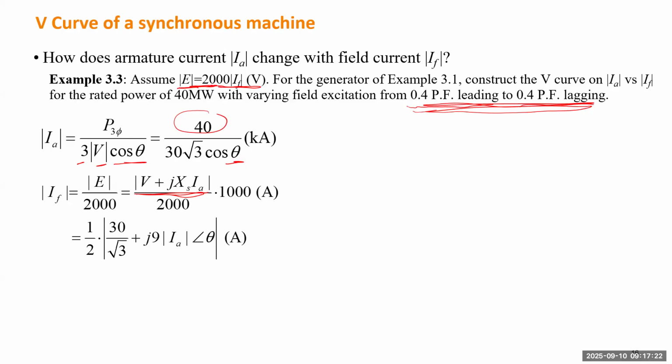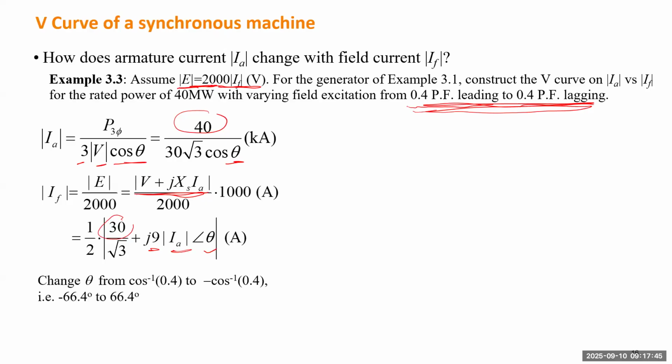So we don't change the outside system. The infinity bus will have the same voltage, 30 kV, which is line-to-line voltage, and reactance doesn't change, right? So only the armature current will be variable, also theta, the power factor.